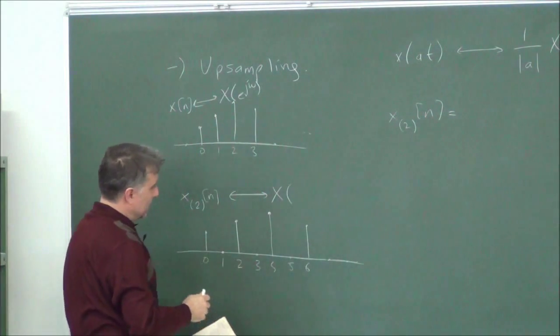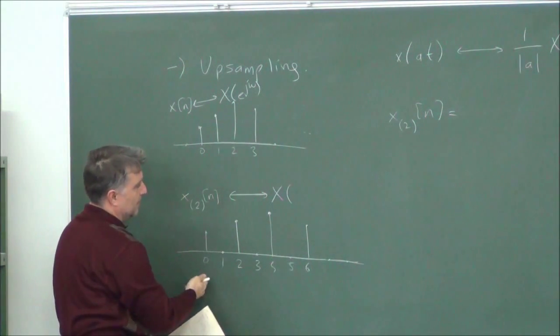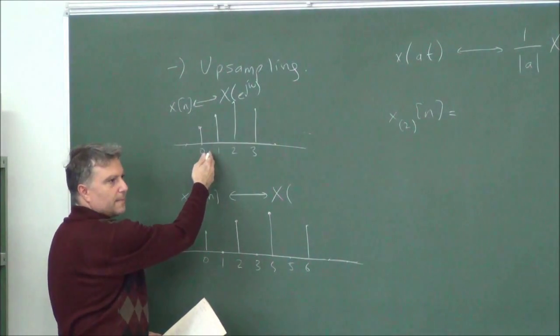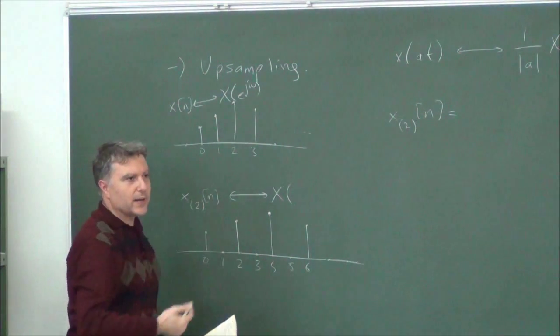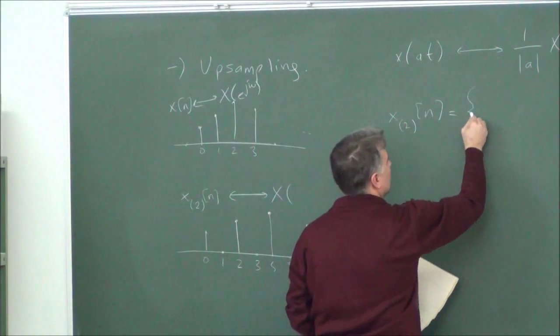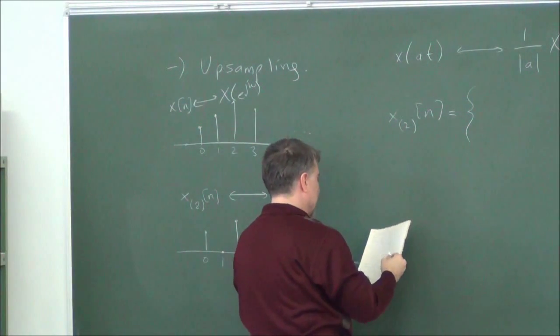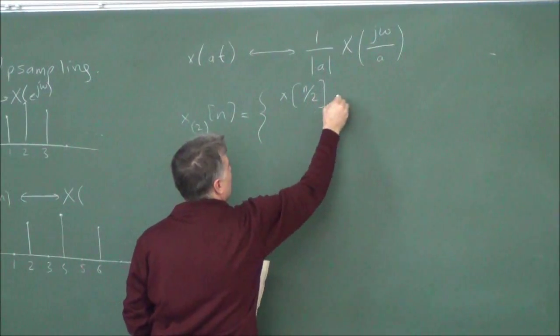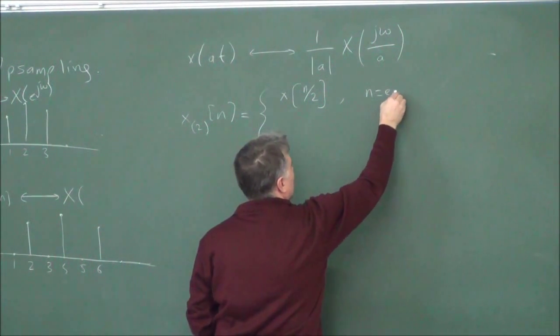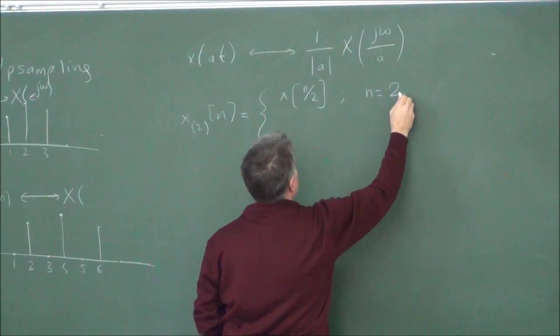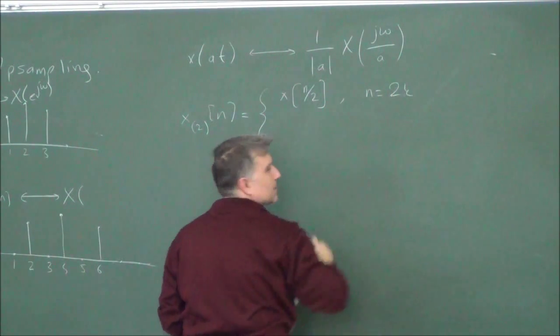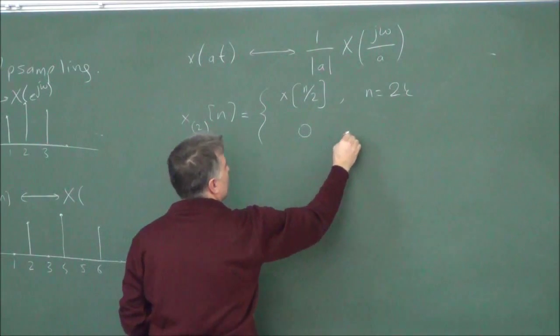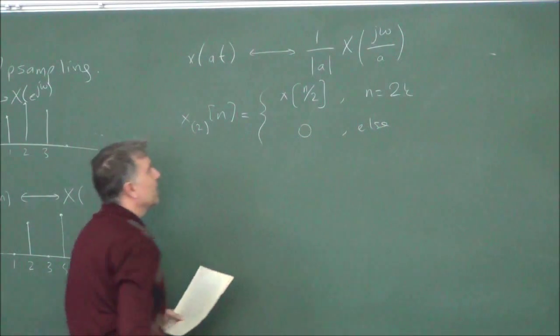In other words, can we express this using a piecewise expression? Using that piecewise expression, in fact, it is this: x of n over 2 for n equal to 2k, an even index, in other words, and 0 else.